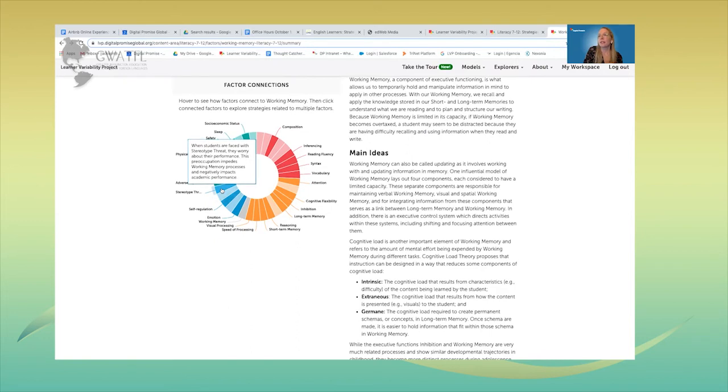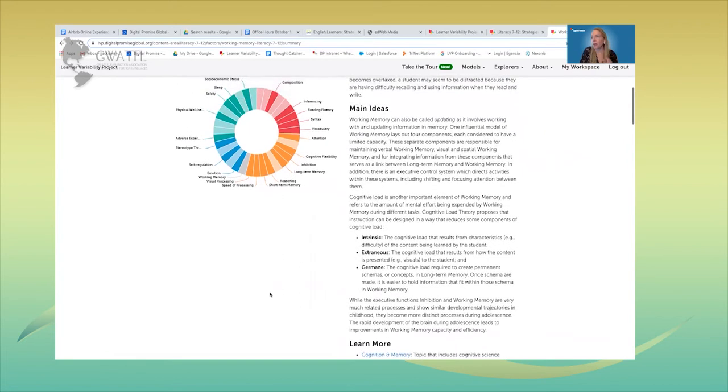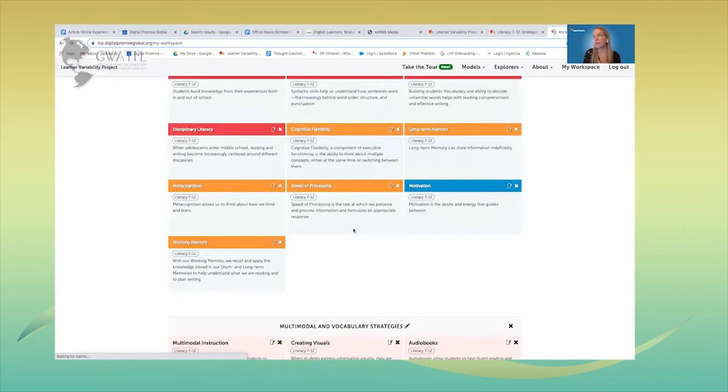For instance, stereotype threat can really impact students' memory because a lot of their brain power is being used up on worrying and feeling the stress and anxiety of stereotype threat. Understanding how cognitive load impacts working memory when you're designing your lessons and thinking about tasks, and thinking about, again, the students' prior experiences and background, can all play into how well a student is able to understand your lesson and really internalize that information. Those are just a few of the factors that you can consider.